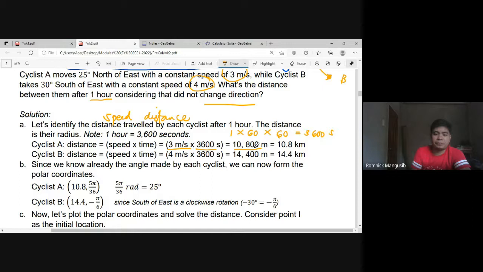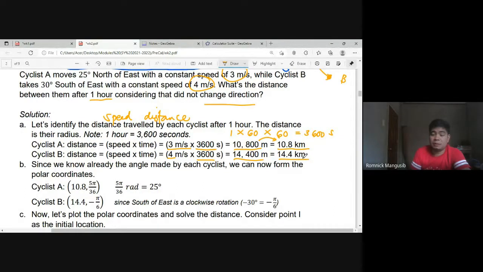meters. And this is a large number. When you are multiplying large numbers, usually medyo matagal, no? Kaya minsan, kino-convert na lang natin siya into kilometers. So, ibig sabihin, ang layo na ng cyclist na yun, pagkatapos lang 1 oras ay 10.8 kilometers. The cyclist B, 4 times 3,600 is 14,400, and that is 14.4 kilometers.